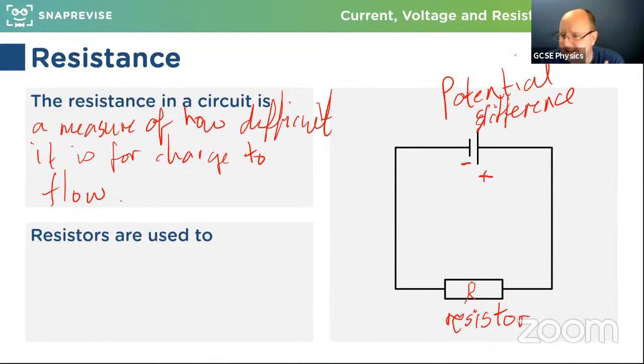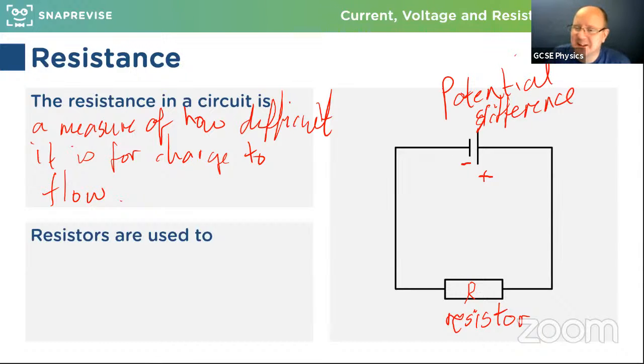So if we put a resistor in a circuit, what are we going to do to the speed of the electrons moving in the circuit? If we have a wire and we add a resistance to that loop of wire, what's going to happen to the speed of the movement of the electrons? Thanks, Dana. It's going to slow it down. Brilliant. So the resistors slow down the speed of the electrons.